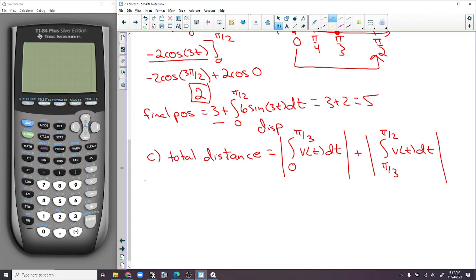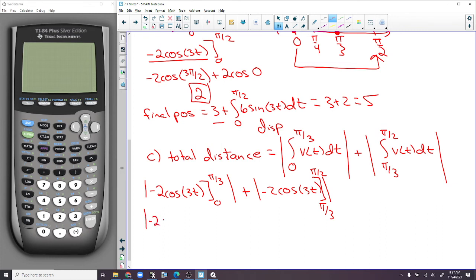All right, here we go. So we're going to go absolute value of negative 2 cosine of 3t from 0 to pi over 3, absolute value. Plus absolute value of negative 2 cosine of 3t, and we're going to go from pi over 3 to pi over 2. Got to split it over the zeros.